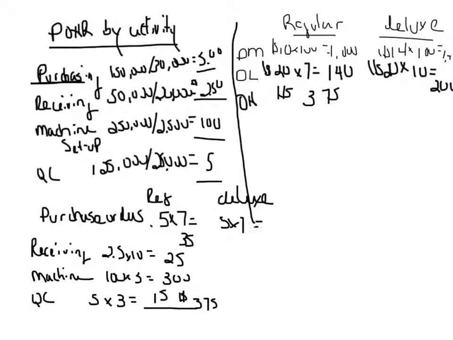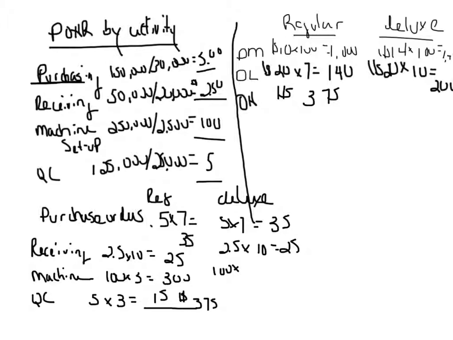So if you just want to do these together, if it's just easier, receiving, again, $2.50, it's the same allocation base, times 10 again, so we've got 25 here. For machine, we're going to use the $100, again, because that's the rate we have to use.